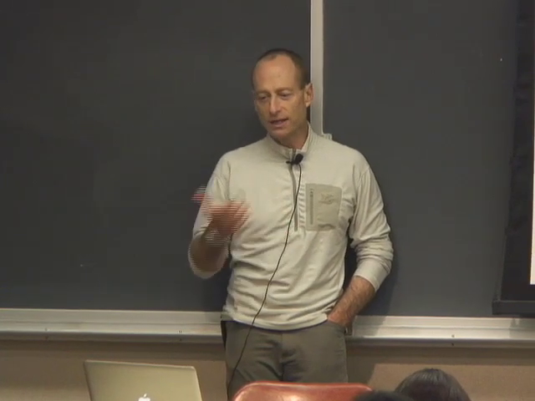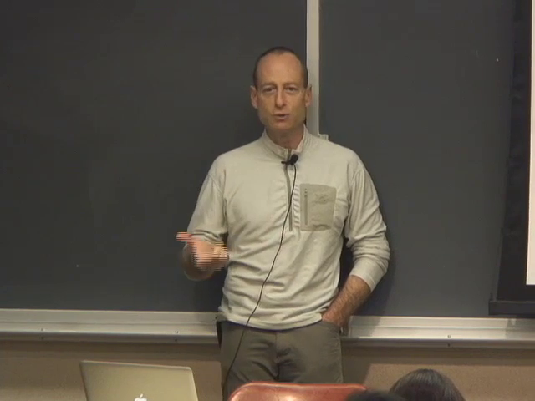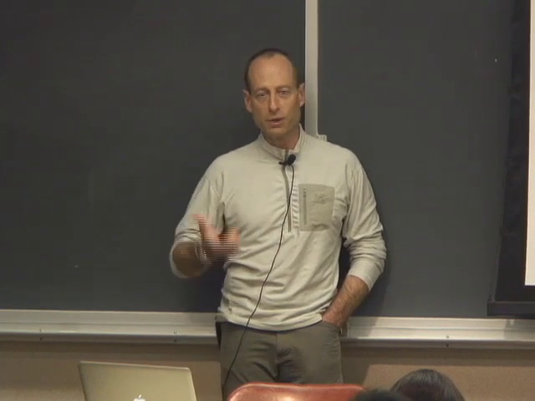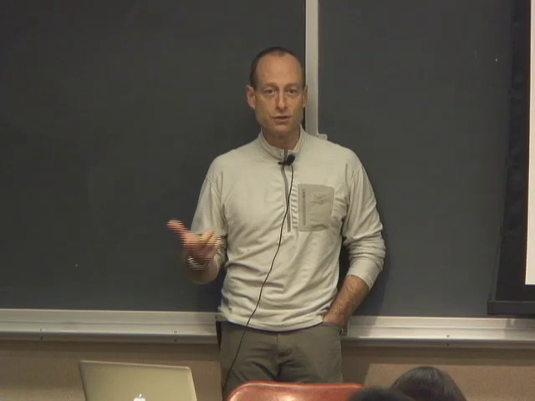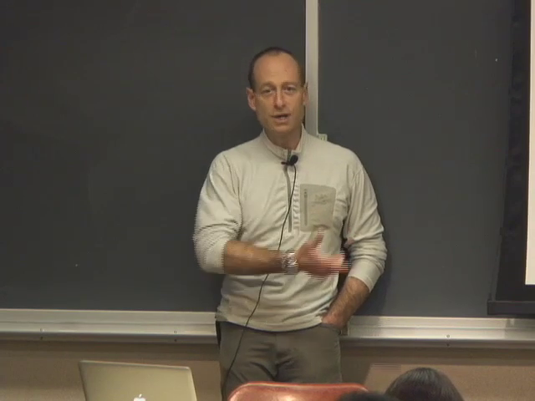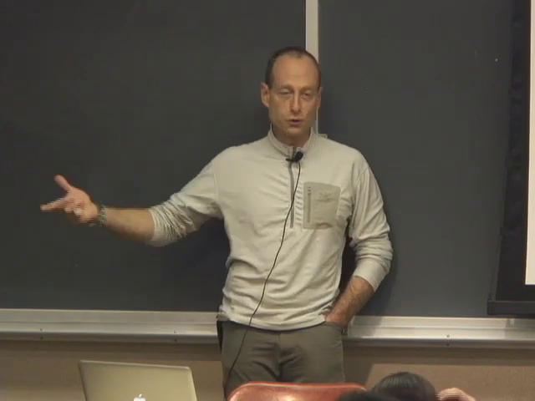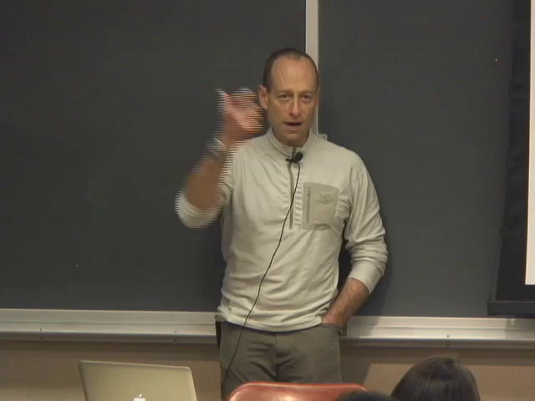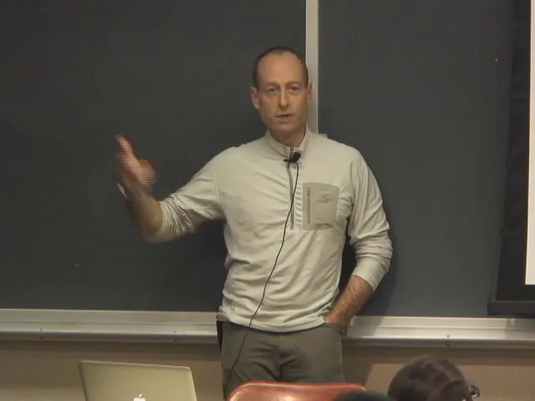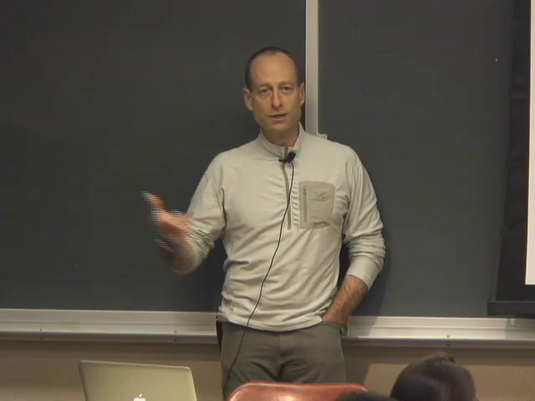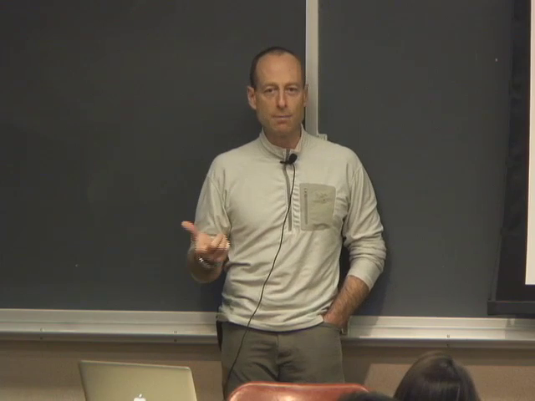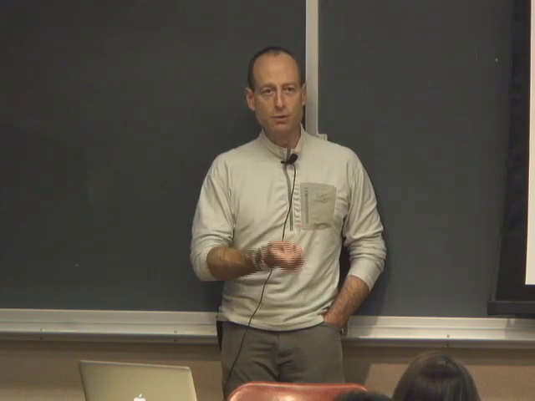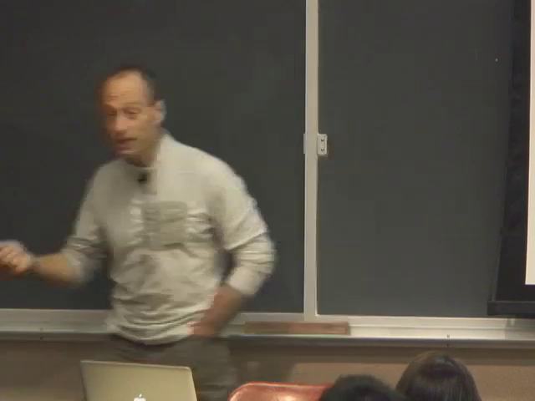So the chance of making a type 2 error is going to depend on which particular alternative hypothesis is true. So we have the null hypothesis, and then we have one or more alternative hypotheses. Either the null is true or one of the alternative hypotheses is true. And typically when we compute the chance that we fail to reject the null hypothesis, that chance needs to be computed on the assumption that some particular alternative hypothesis is true.